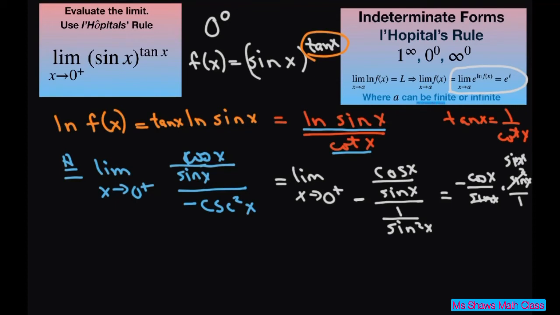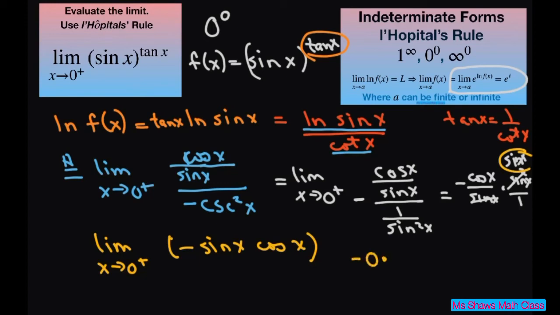So basically what we have is the limit as x approaches 0 from the right of negative sine of x times cosine of x. And when you plug in 0 and apply the limit, this is going to be negative 0 times 1, which equals 0. So the limit for our ln of f of x is 0.